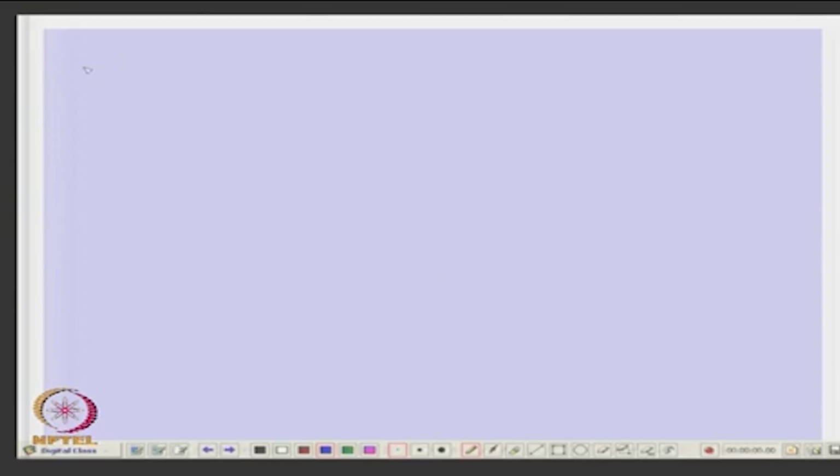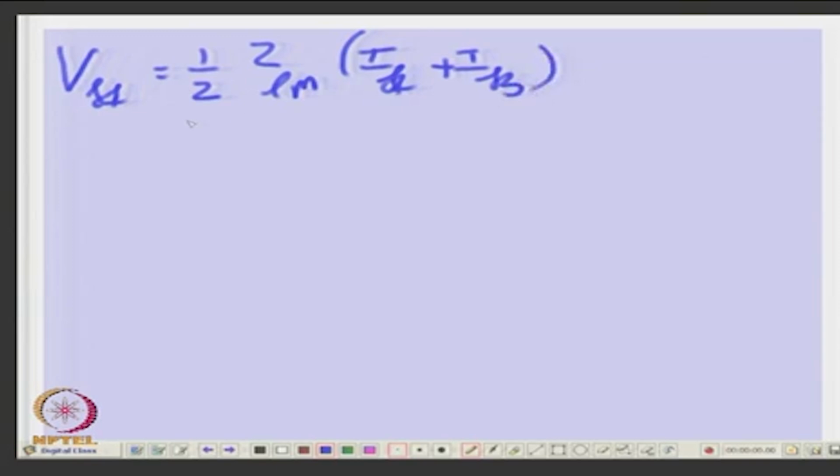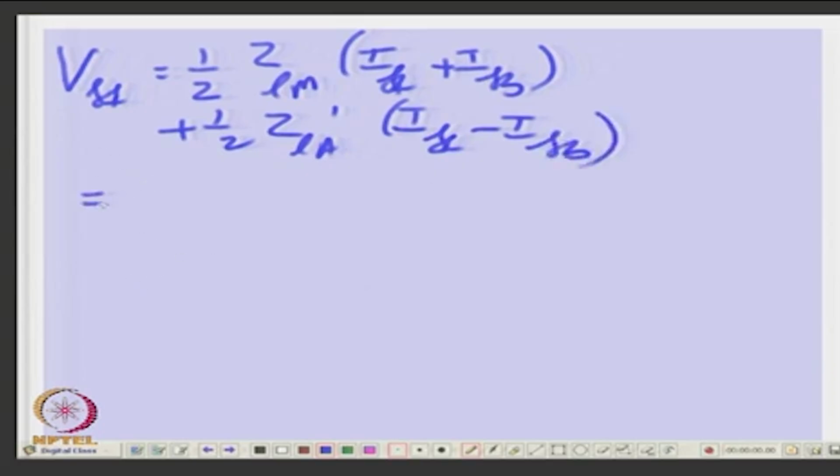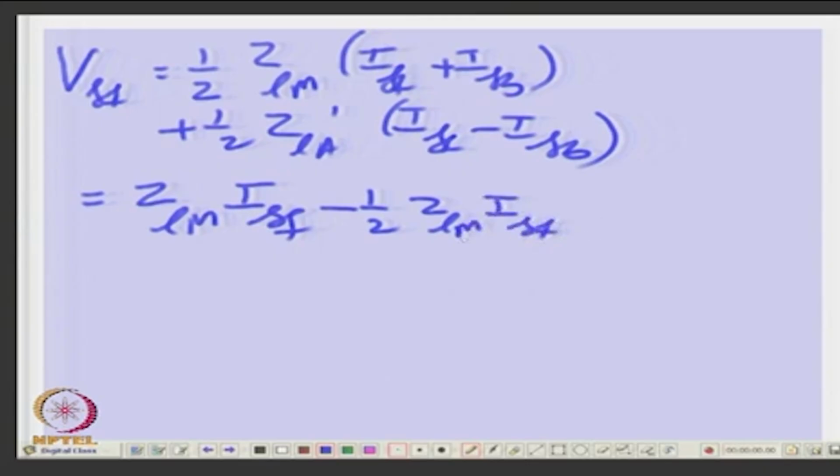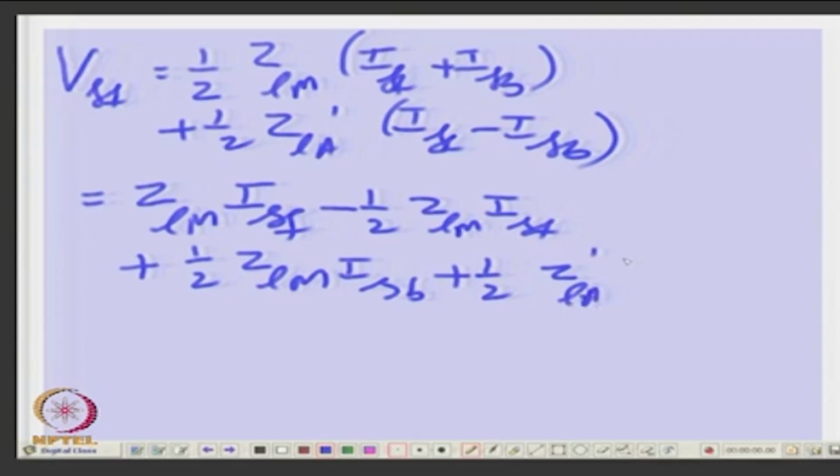So, if you look at the first term, V_sf will be equal to half Z_lm (I_sf plus I_sb) plus half Z_la dash (I_sf minus I_sb), which you can write as Z_lm I_sf minus half Z_lm I_sf plus half Z_lm I_sb plus half Z_la dash into (I_sf minus I_sb).